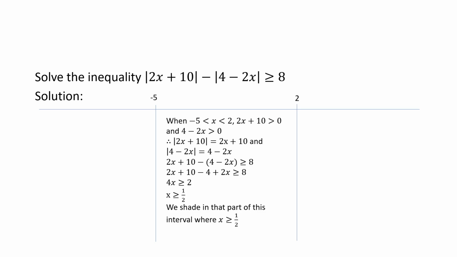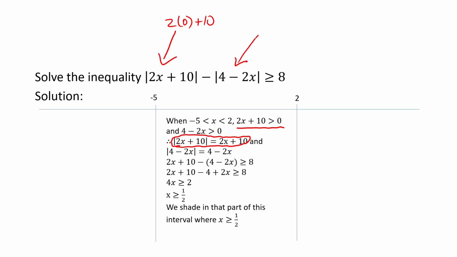Now, when we're in between negative 5 and 2, for instance, let's say x is equal to 0, the interior of the first absolute value is positive, and so we get 2x plus 10 is greater than 0, meaning the absolute value of 2x plus 10 is 2x plus 10.